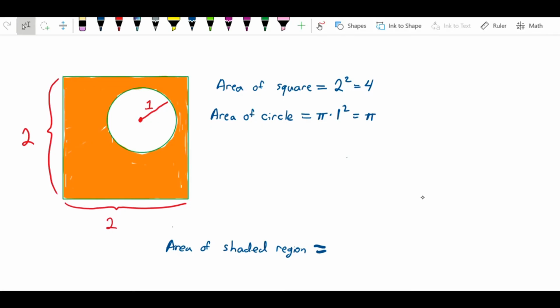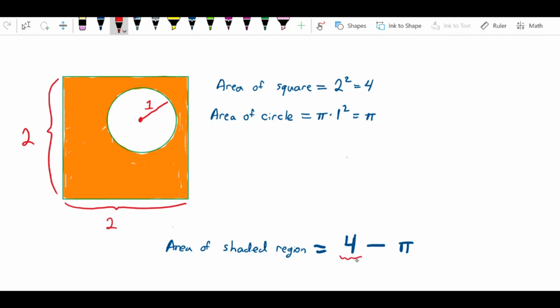Clearly, since the side of the square is 2, the area of the square is just 2 squared, or 4. And since this is a circle of radius 1, the area of a circle is pi r squared, so the area of that circle is just pi times 1 squared, or pi. So the area of the shaded region is 4, the area of the square, minus pi, the area of the circle.